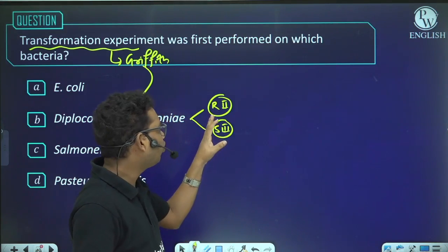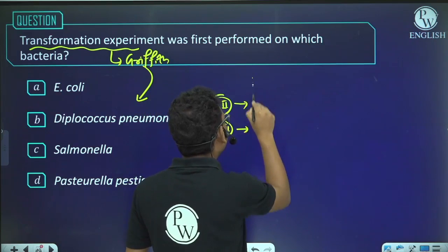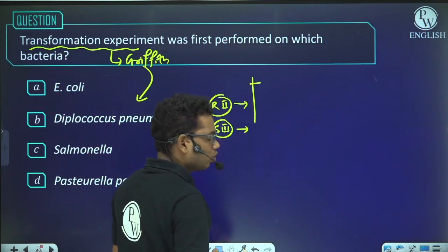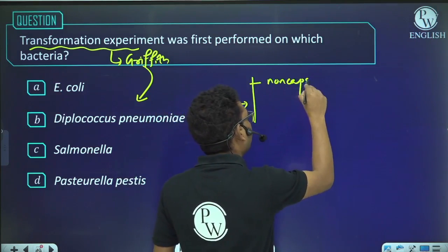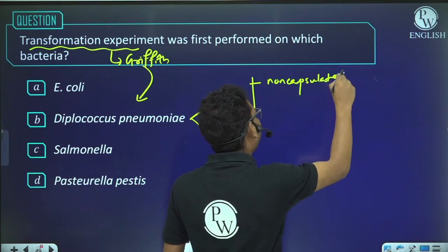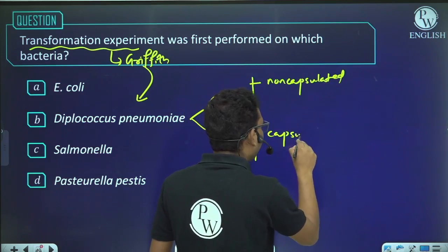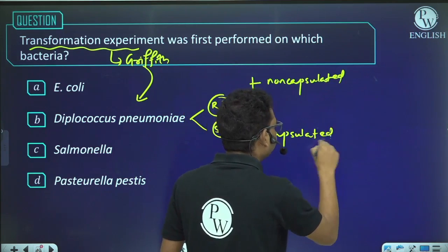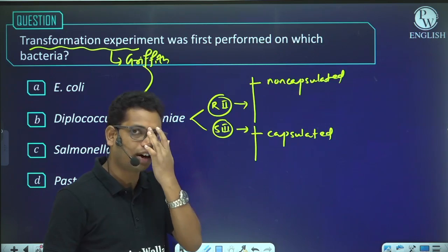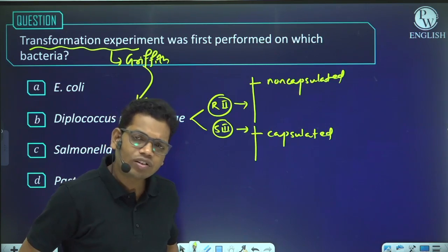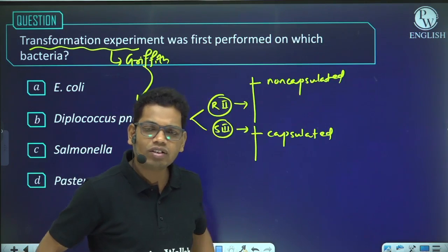Okay, and what is the difference between R2 and S3? See, the R2 does not have any capsule, so I will call this non-capsulated. And this S has a capsule, so I will call this capsulated. And this Pneumococcus pneumoniae or Diplococcus pneumoniae causes pneumonia disease. For causing pneumonia, there must be some chemical present in this bacterium.